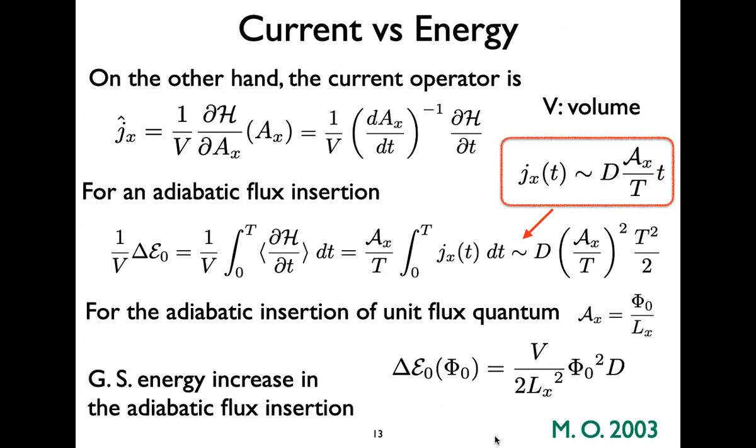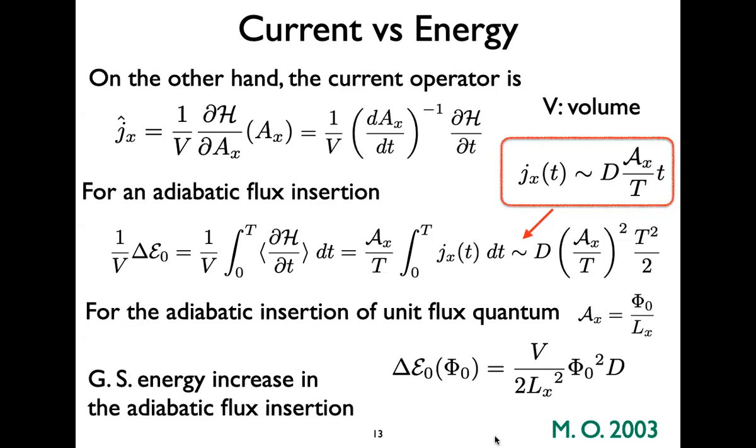So what is the current operator? In general, the current operator is defined by the derivative of the Hamiltonian with respect to the vector potential. Then to obtain the current density, you need to normalize by the volume of the system or something. But anyway, the current is proportional to the derivative of the Hamiltonian with respect to the vector potential.